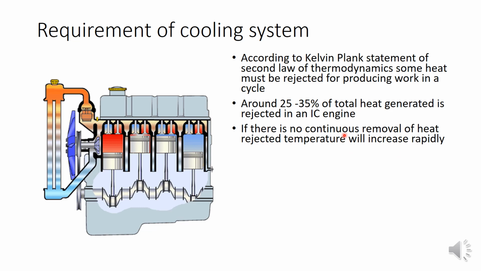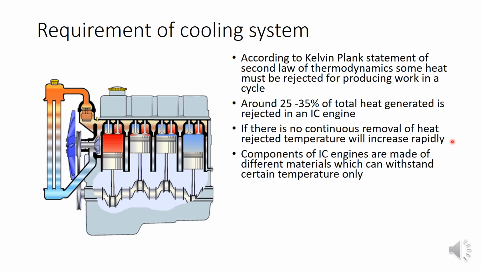If you are not removing the heat to the outside of the IC engine, its temperature will increase rapidly. We know that the components of an IC engine are made of different materials. Already we have discussed that the piston is made of some aluminum alloy, the cylinder is made of cast iron or some other metals, and the valve is made of some other alloy.